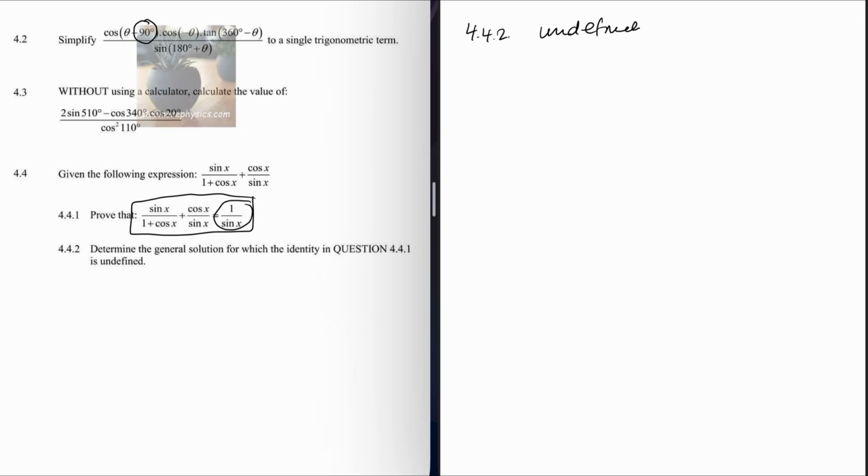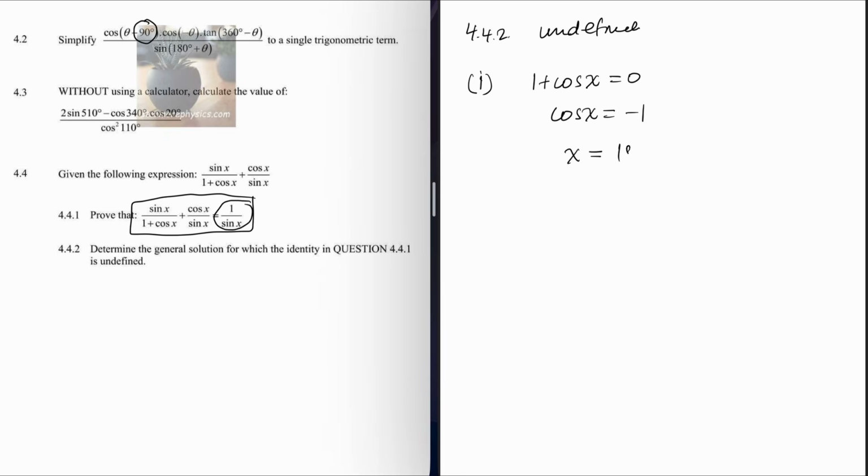So we're going to have two different sets of calculations. The first calculation, we're going to have 1 plus cos x equals 0. That means cos x is equal to negative 1. That means x is going to equal our cos inverse of negative 1, which is 180 degrees.